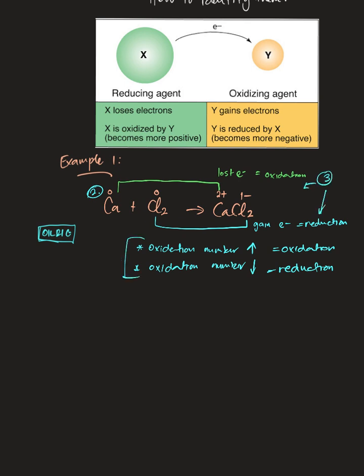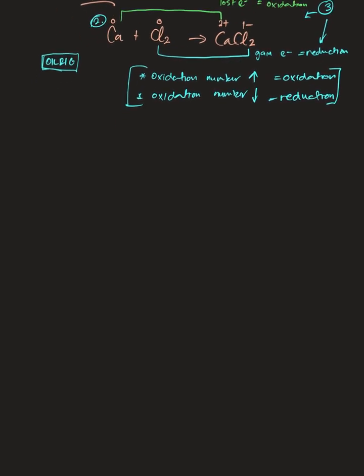And this here is our little cheat of how things work. Step 4, we actually need to look at the situation. So if I look at CaCl2, I know that I have my calcium that transferred 2 electrons in this whole process.